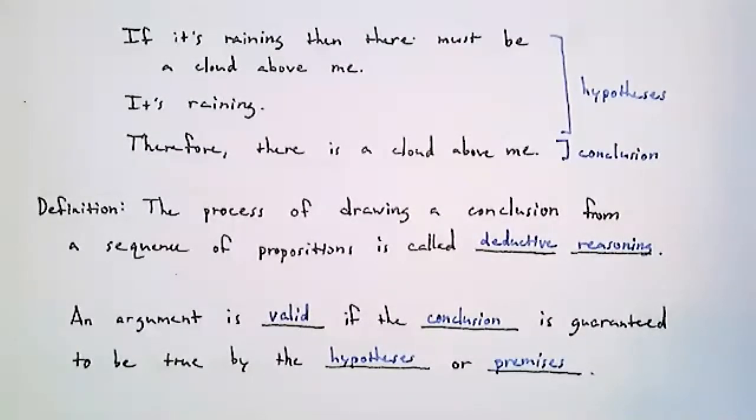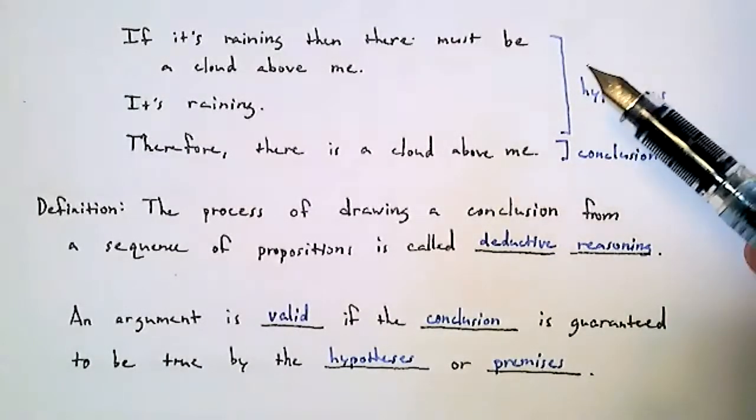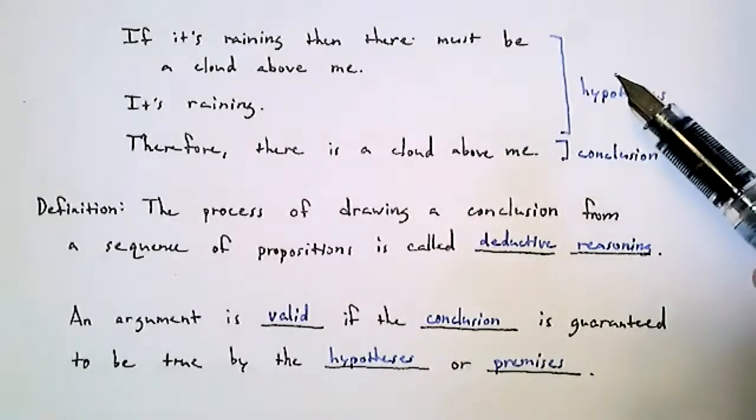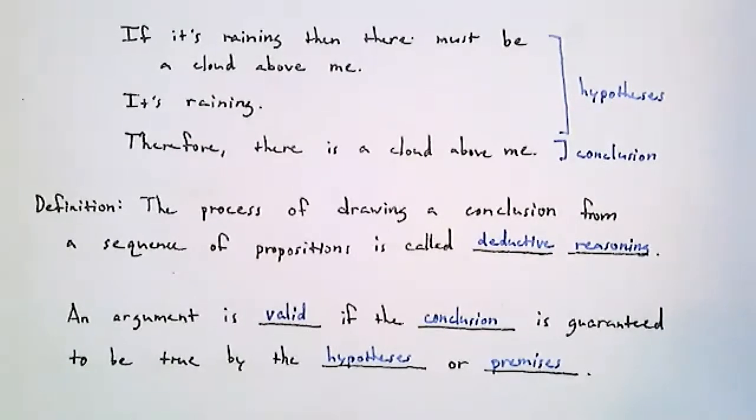I should point out that the way that we use this word hypothesis is a little bit different than the way that you might have seen it used in a science class. In the scientific method, a hypothesis is something like a guess, and then you use observation to determine whether your hypothesis, your guess, is actually true or not.